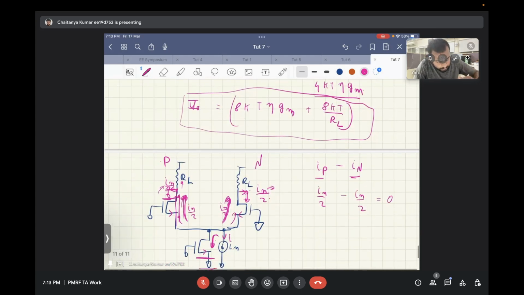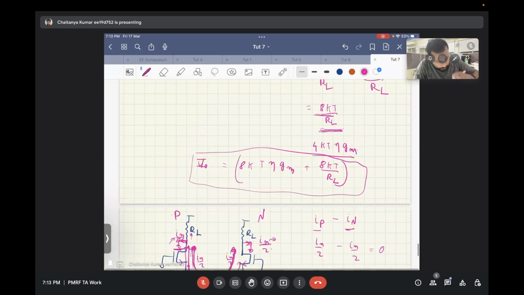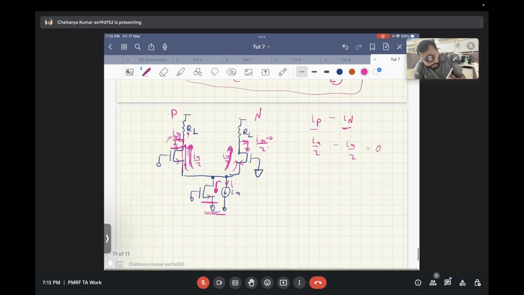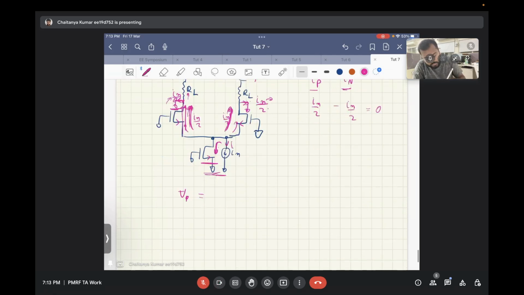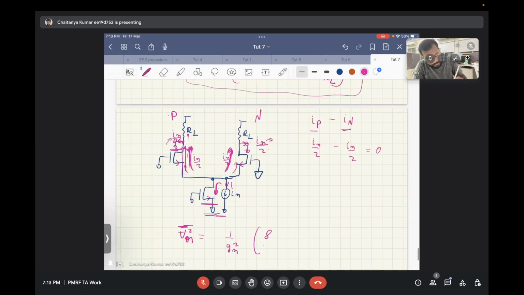So we can again do the same exercise over here. The input referred voltage noise will be 1 by gm square into 8 kT eta times gm plus 8 kT by RL, correct?